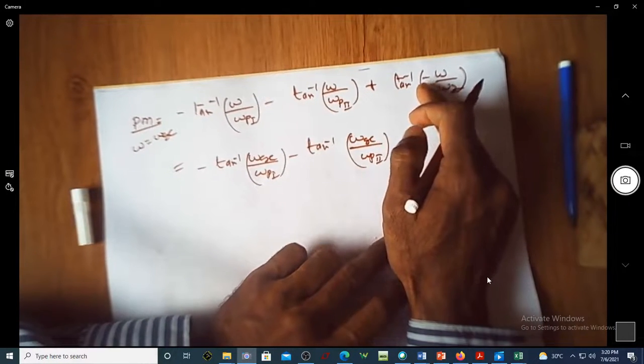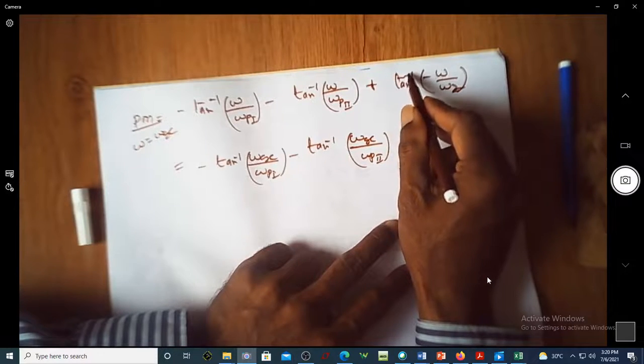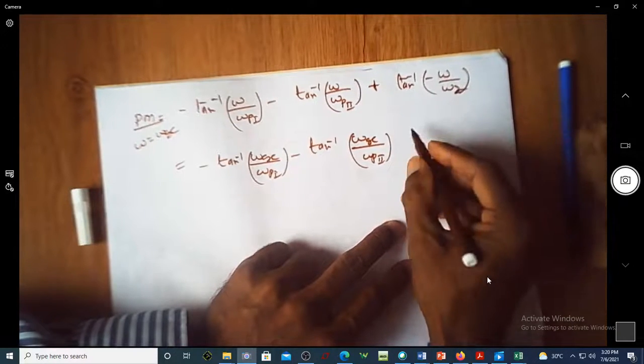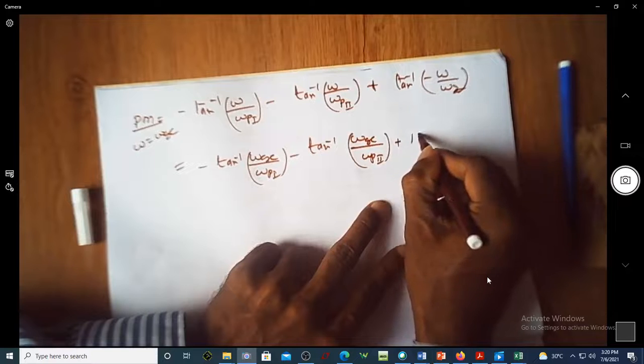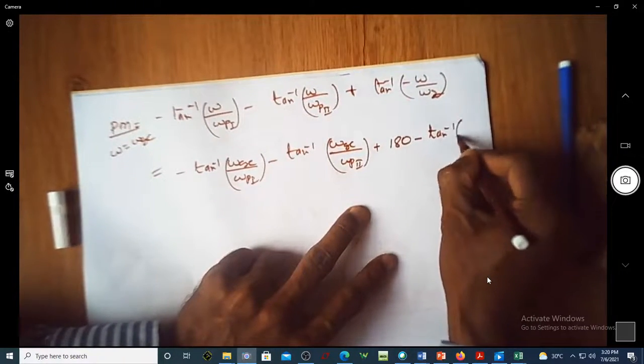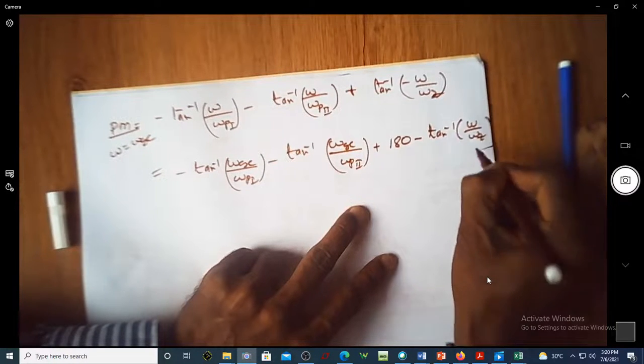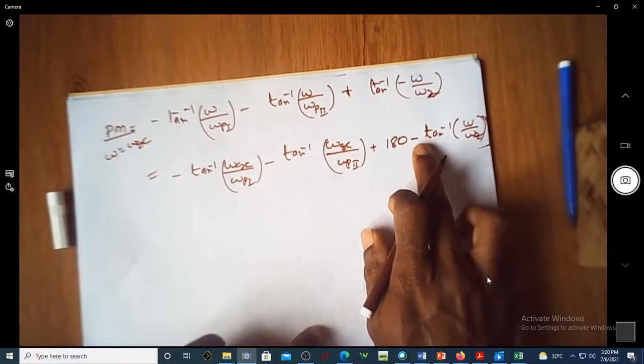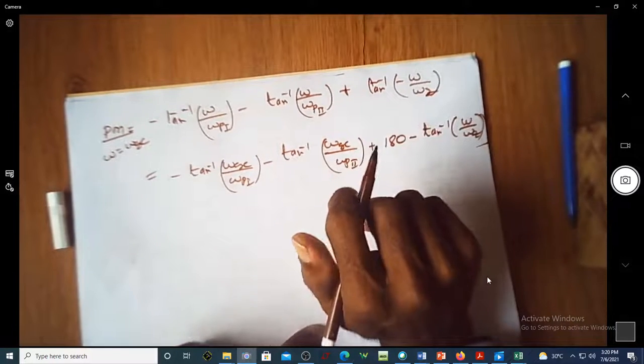A small modification: instead of writing tan inverse of minus omega by omega z, let me write it as plus 180 minus tan inverse of omega by omega z. This is the small correction we are making because of this negative sign.